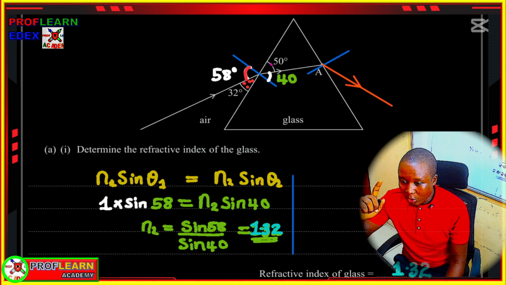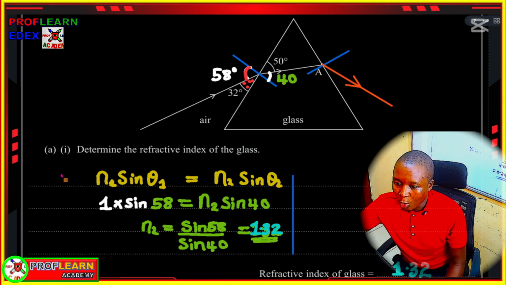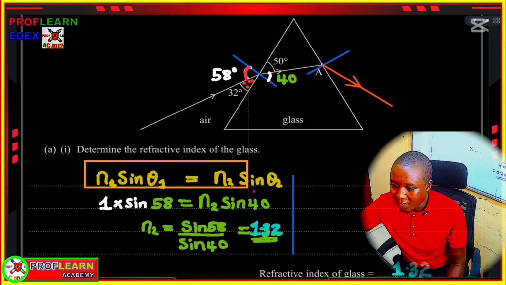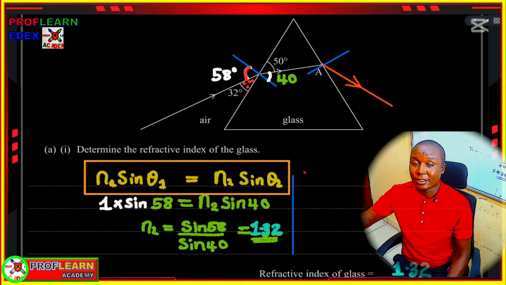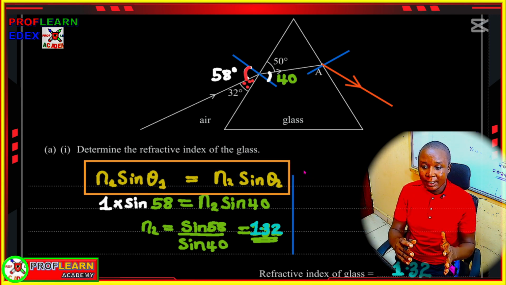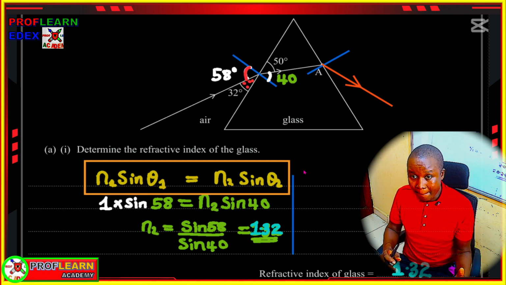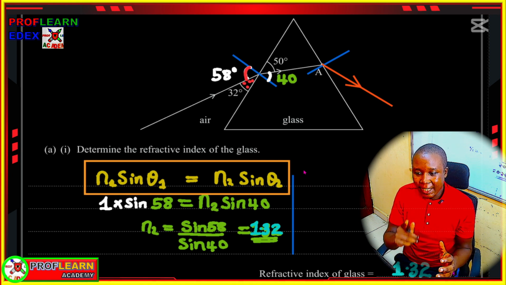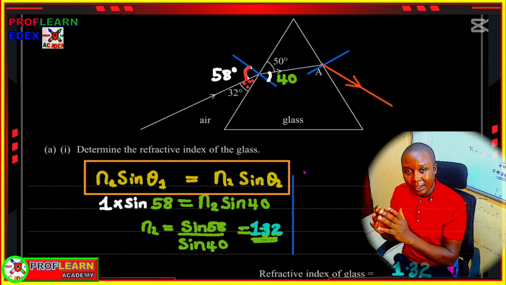Now, looking at that question, the formula you were supposed to use in order to work it out, because light is moving between two different media, is the formula that you were taught in class: N1, which is the refractive index of the first medium, times the sine of the angle in that medium, should be equal to N2 sine theta 2.